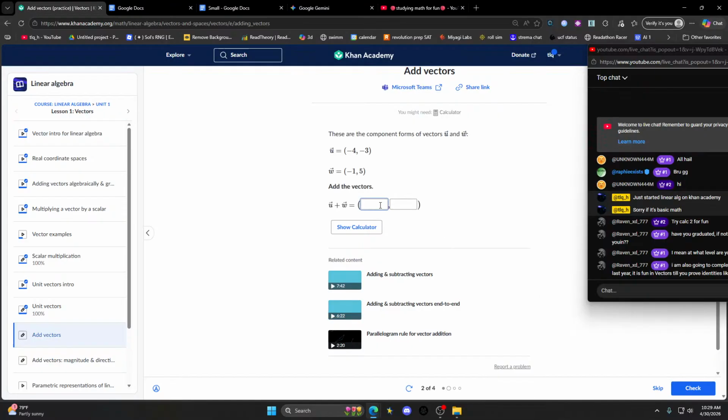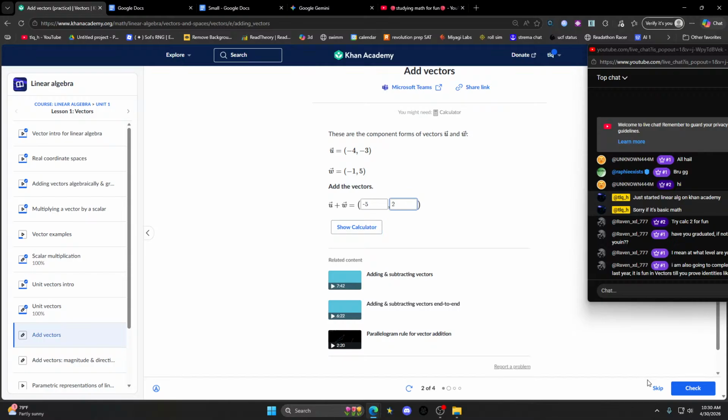Oh my God. Okay. These are the component forms of vector u and v. U equals negative... Okay. This is very basic. Okay, -4 plus... Okay, so -5, -3. Okay, and we're adding them.